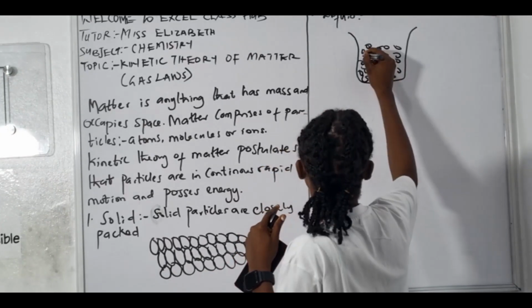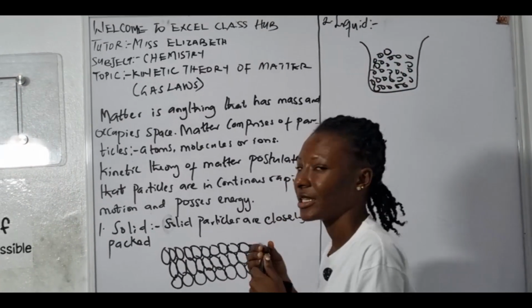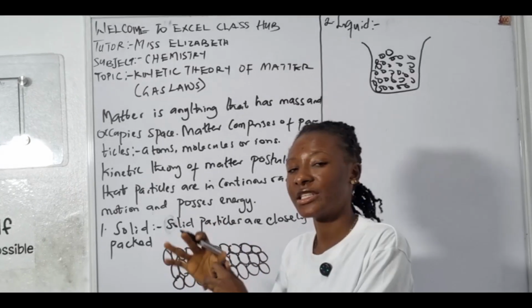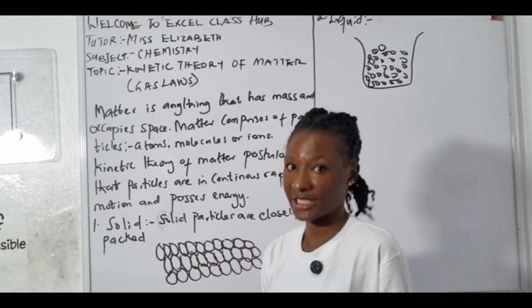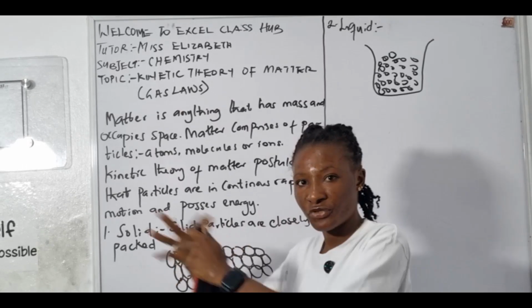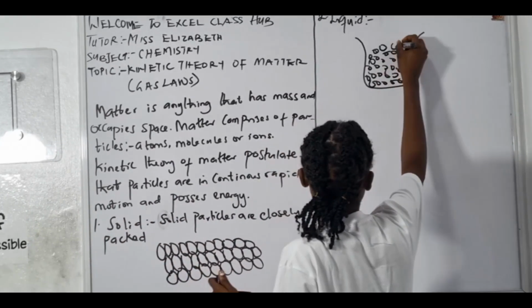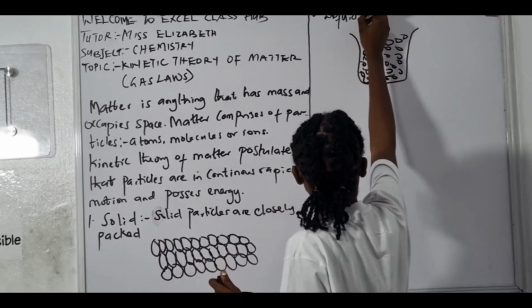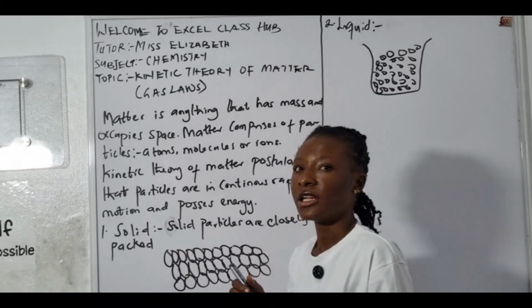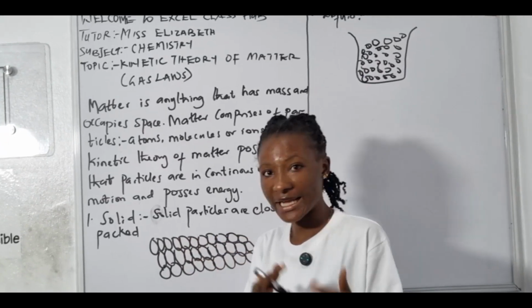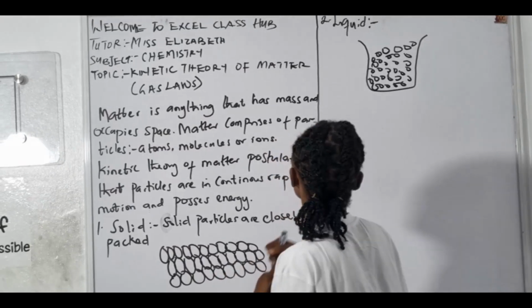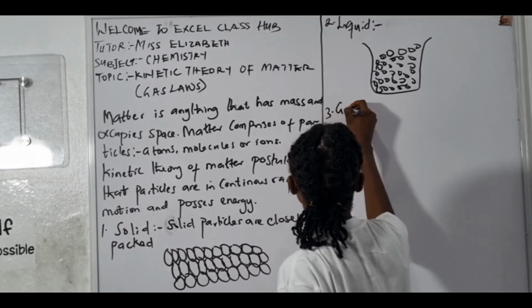They are not closely packed and they are not as loose as the gaseous state. So the liquid state is just in between, not closely packed and not freely allowed to move about. And for the liquid state, they have a fixed volume or size, but no definite shape.